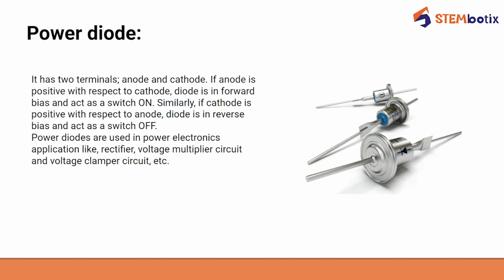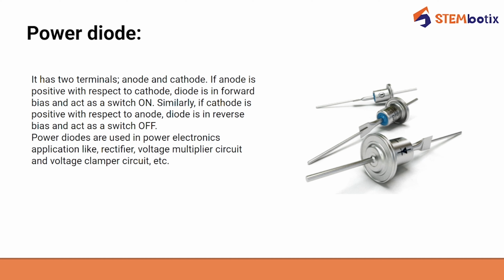Now the other type is power diodes. These are nothing but one kind of diode which has anode and cathode terminals, but it uses a power signal to turn on or off the connected device. So it has two terminals, anode and cathode. If anode is positive with respect to cathode, the diode is in forward bias and acts as an on switch.